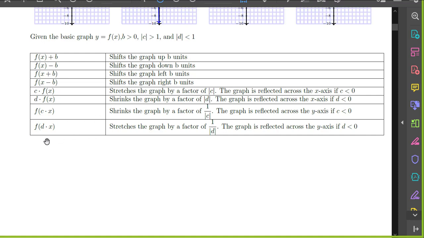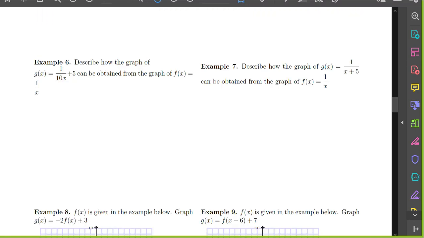If we look at the other one, where we're doing the composition of 10 times x like we have here, it says stretch the graph by a factor of 1 over d, but 1 over d is 1 over 10, which is the same thing that we got the other way. So either way that we resolve this, we are going to get the same answer in the end.